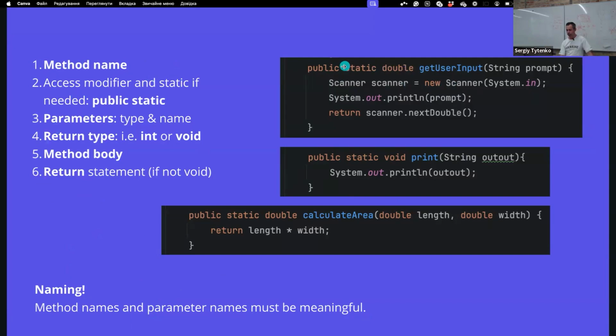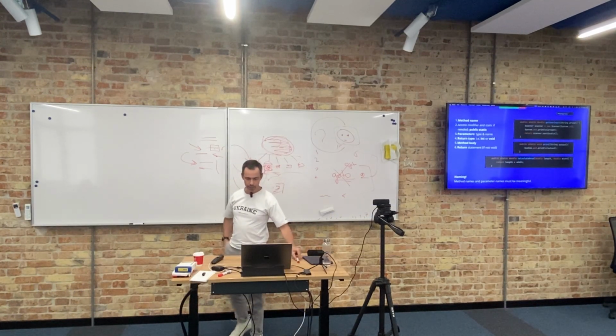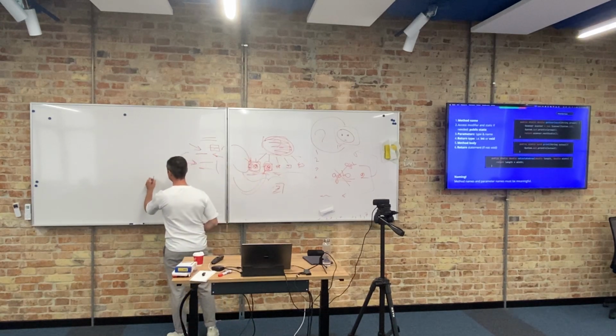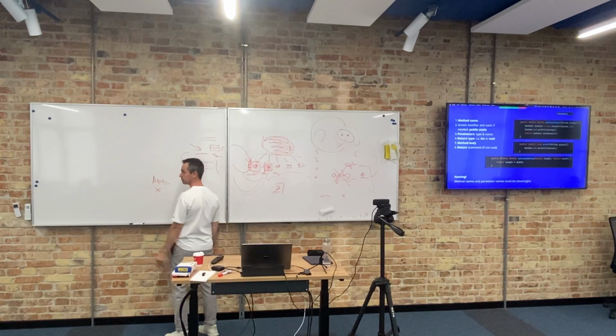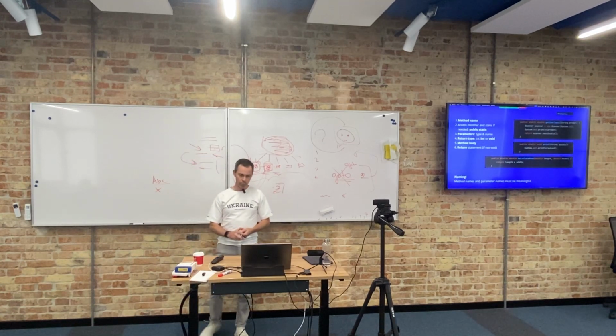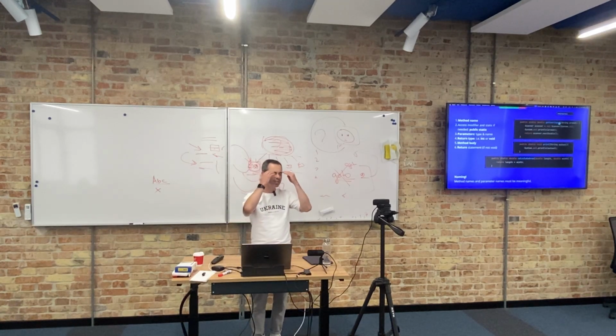Method name. So for example, get user input. This is the name of the method. And by the way, we didn't call this method ABC, okay? Or just method X. We use 1, 2, 3, 4, 5, 6, 7, 8, 9, 10, 11, 12 symbols.